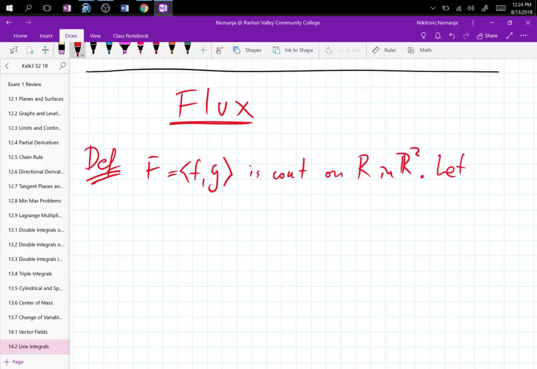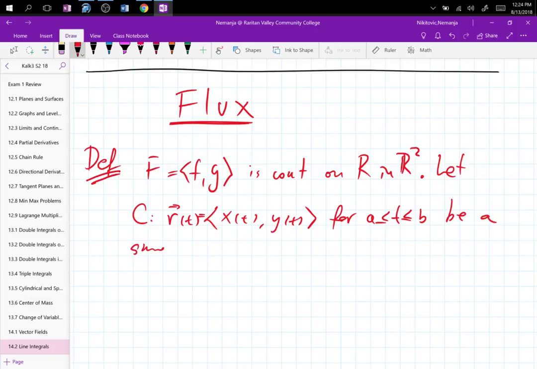Let C, which is given as a parametrization x of t, y of t, for t between A and B, be a smooth oriented curve in R2 that does not intersect itself.